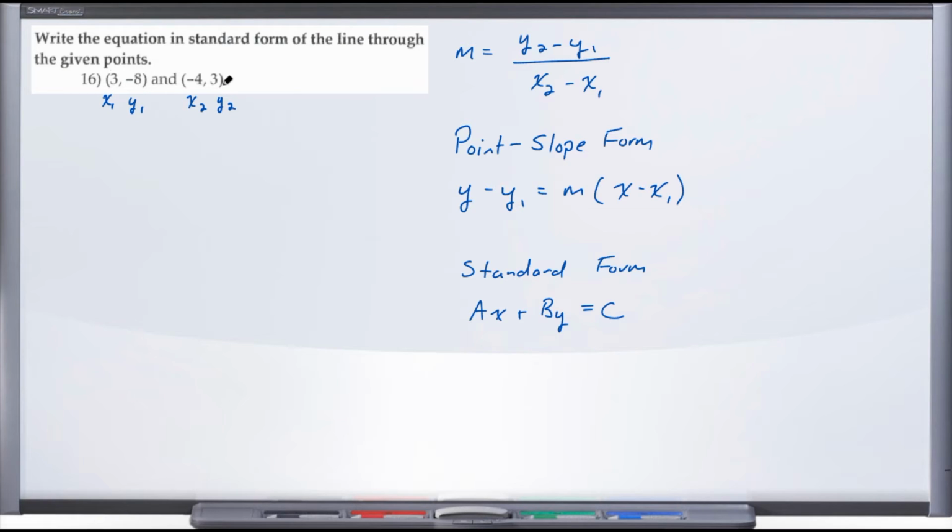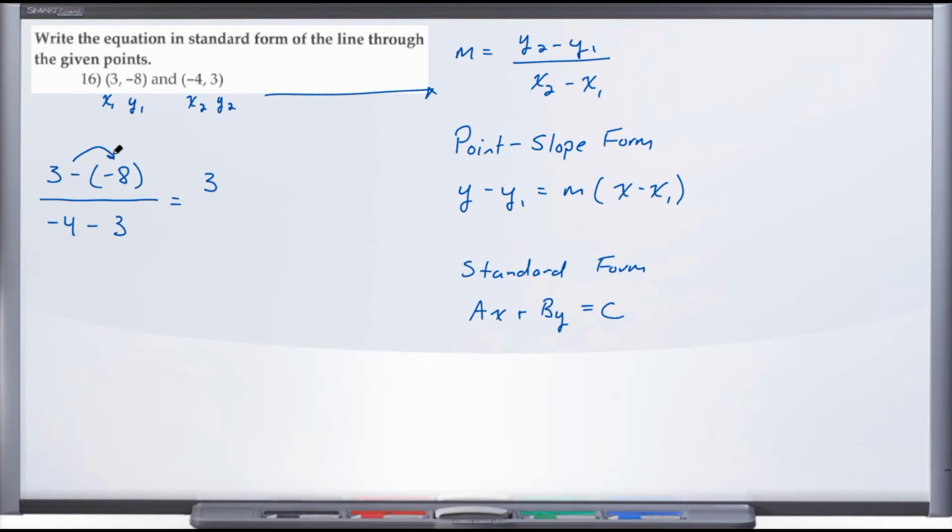Let's take this information now and plug it directly into the slope formula. y2 minus y1, well, that's going to be 3 minus negative 8, over x2 minus x1, so negative 4 minus 3.